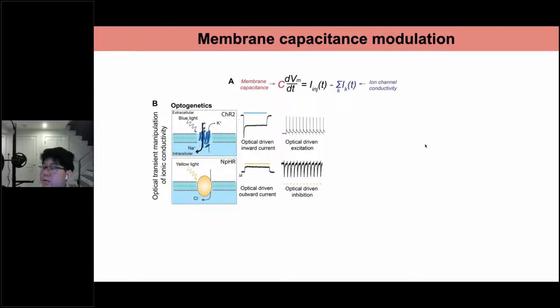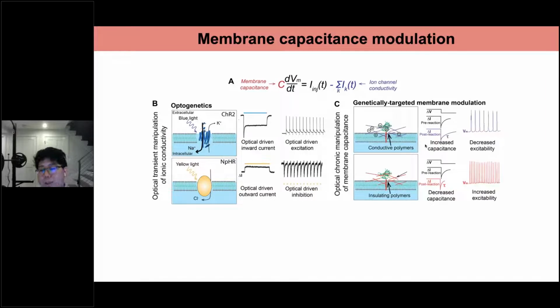All the traditional methods, like electrical stimulation or optogenetics, really just manipulate the ion channel conductivity, opening or closing a specific ion channel to excite or inhibit neurons. There is no consideration of the membrane capacitance in neural activity.